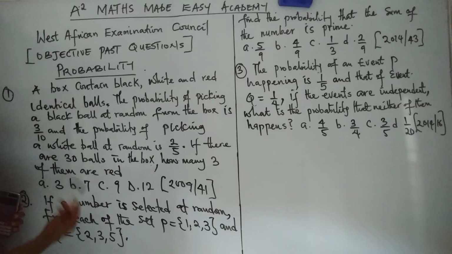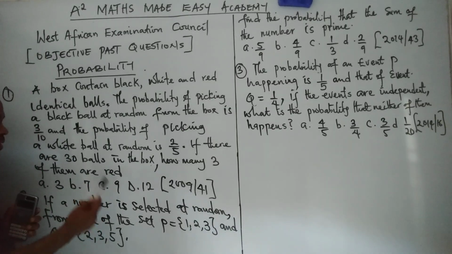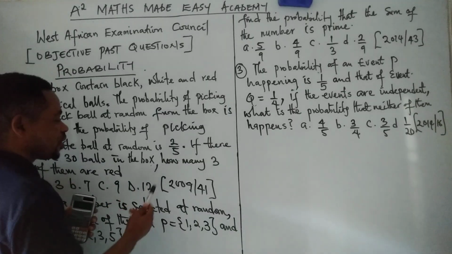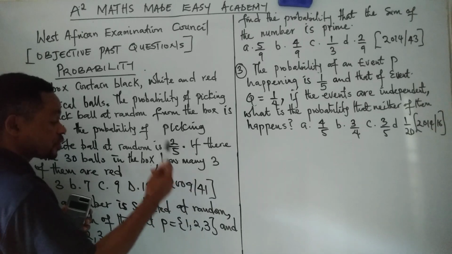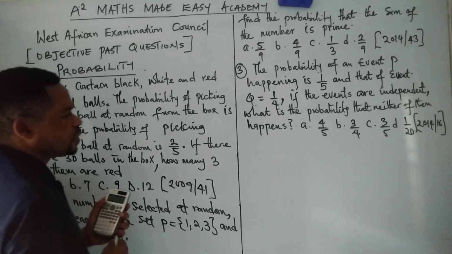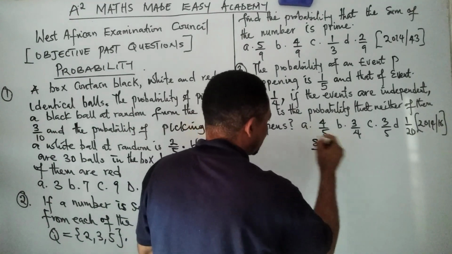So option A says 3, option B says 7, option C is 9, and option D is 12. Now this particular past question is from 2009, question number 41. Now we are going to be taking this sequentially, and I want you to watch this. You will understand.